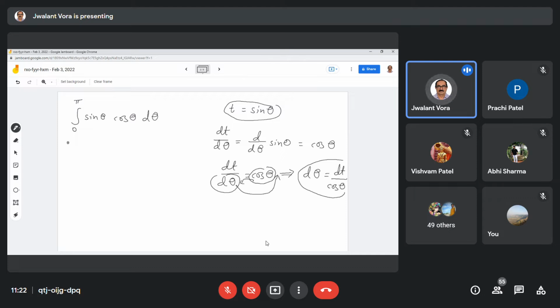So therefore, this is the integral, integration 0 to pi, sin theta is equal to t, so t into cos theta d theta. Just a minute.